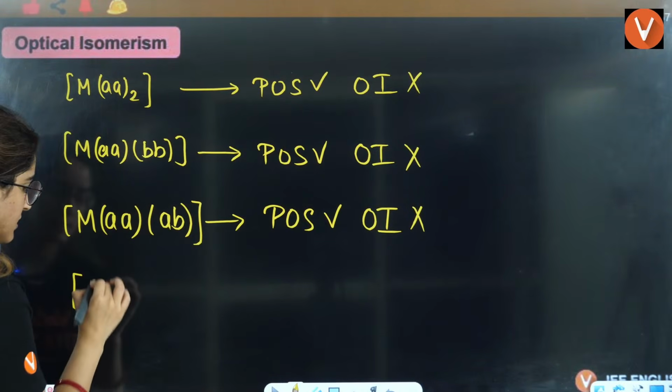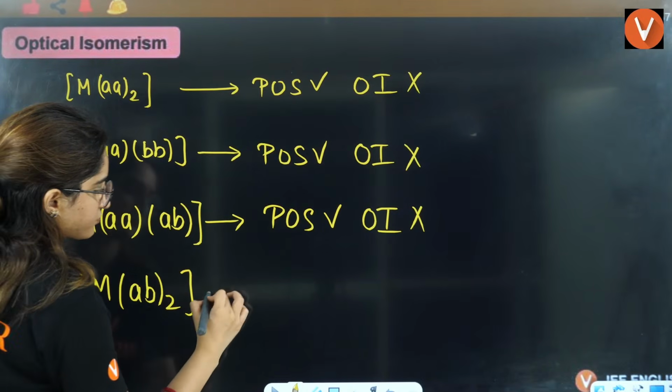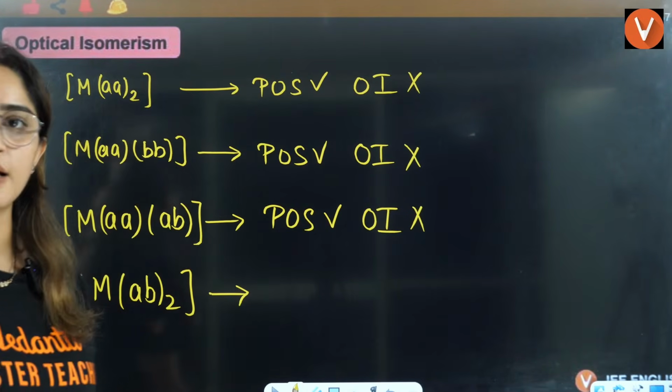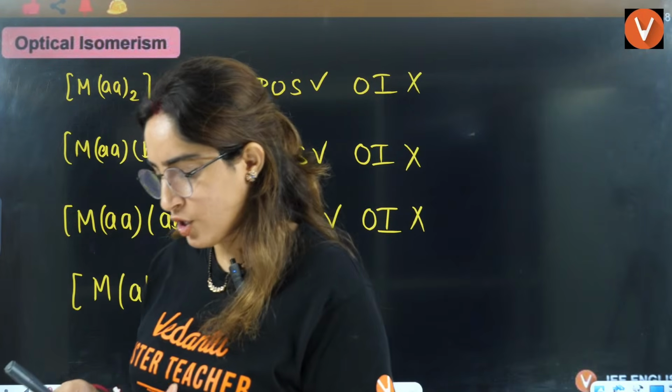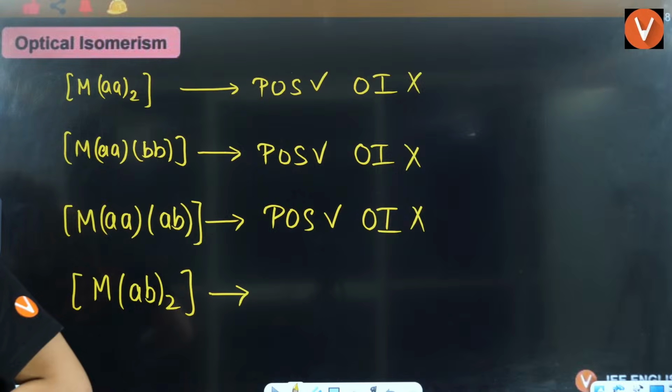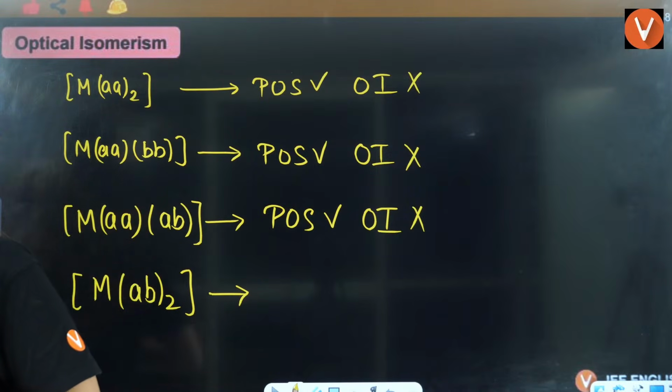Last one is M of AB2, right? You need to have two atoms, and now this one is very interesting.